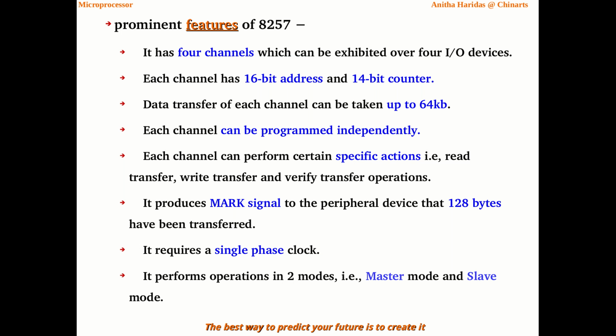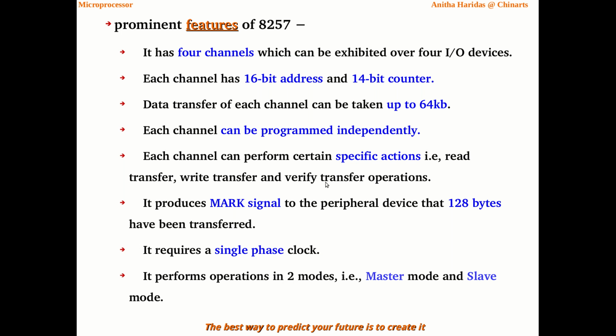So channel 1 can be connected to the keyboard and channel 2 can be connected to a printer. So in channel 1 we can perform the read operation. In channel 2 we can perform the write operation. Apart from that, in all the channels we can check the status of the device. How will you do that?